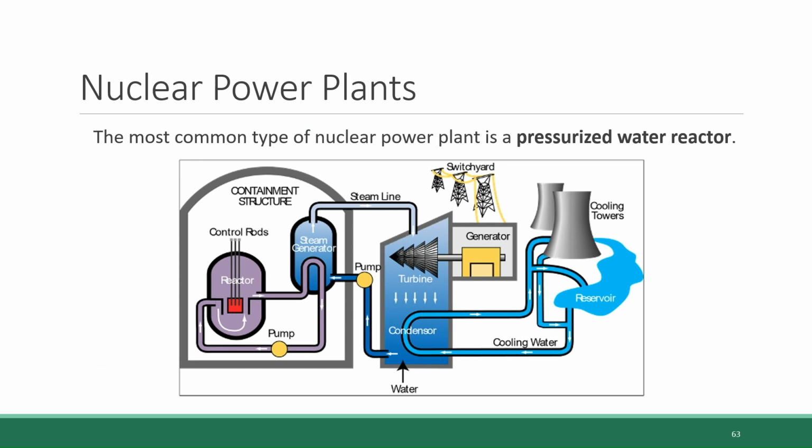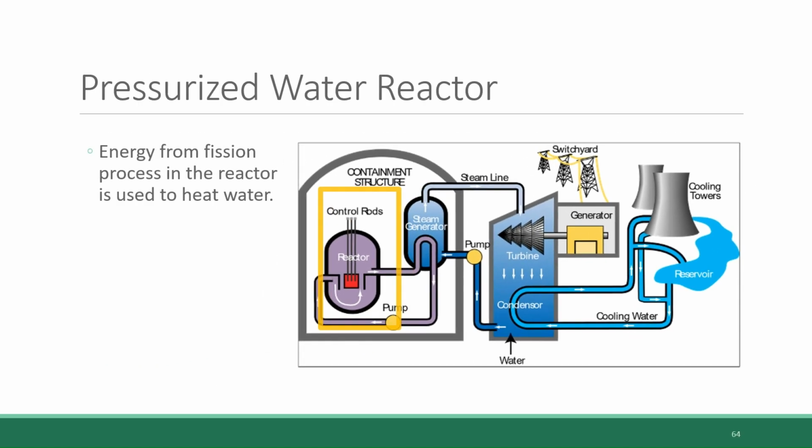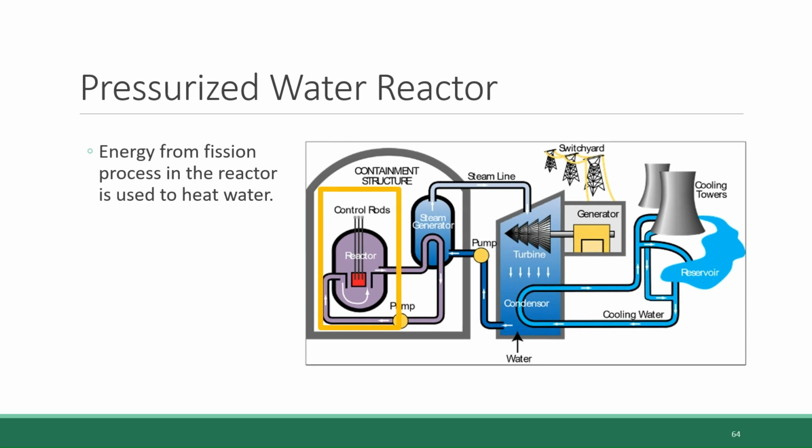There are multiple different ways that nuclear power plants operate, but the most common type is called a pressurized water reactor. In a pressurized water reactor, the fuel assembly is placed in a reactor and fission of the uranium is initiated. And then energy from the fission process is used to heat a stream of pressurized water.